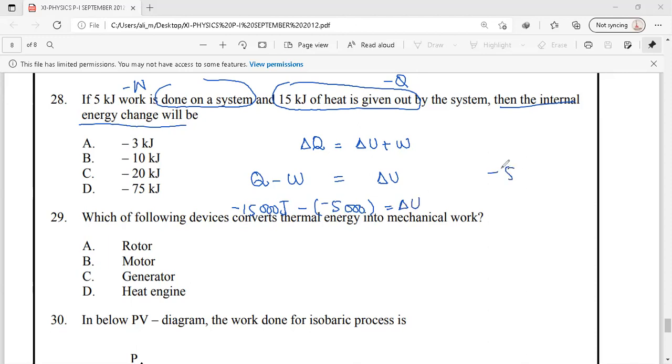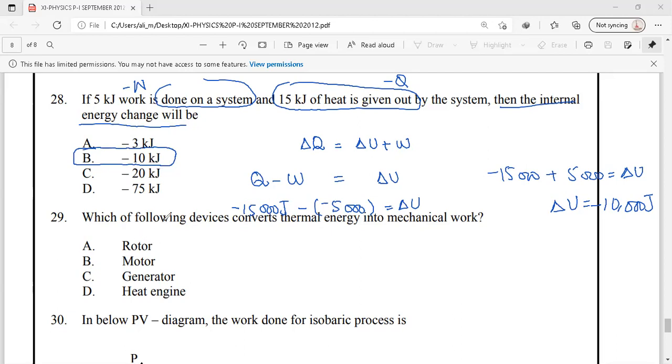So minus 15,000 plus 5,000 is the change in internal energy. Delta U is equal to minus 10,000 joules, or 10 kilojoules of energy. So the correct answer is option B.